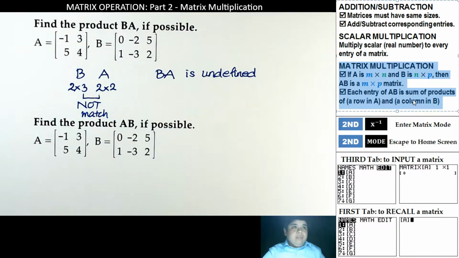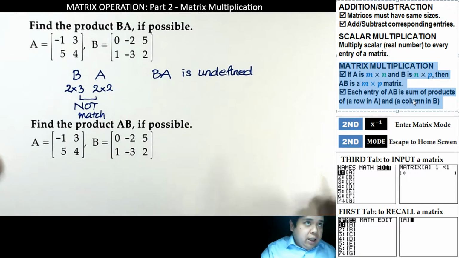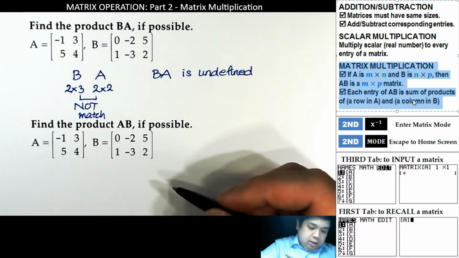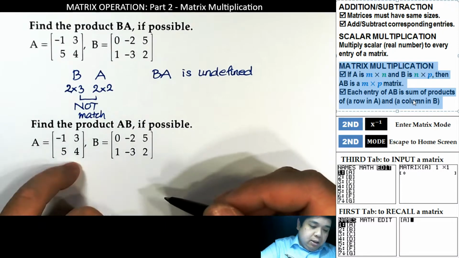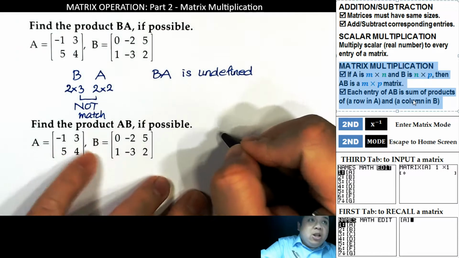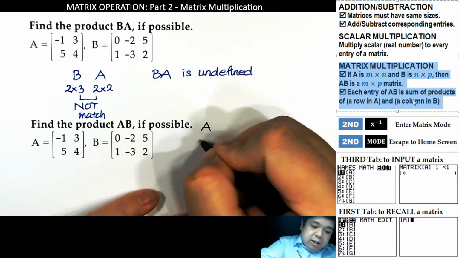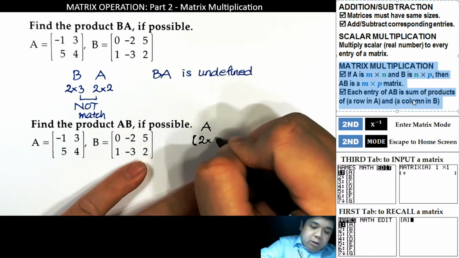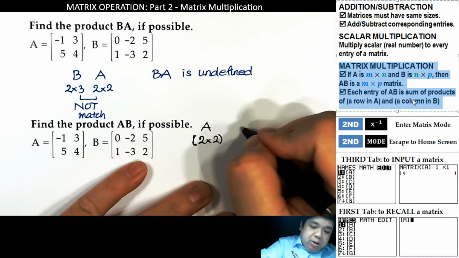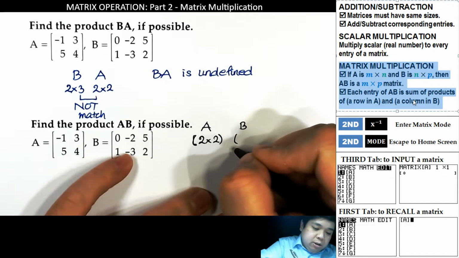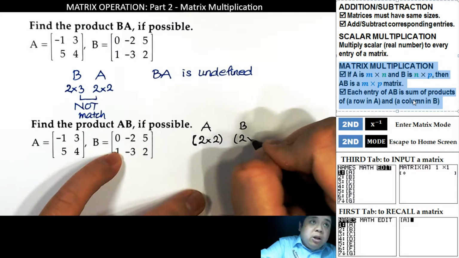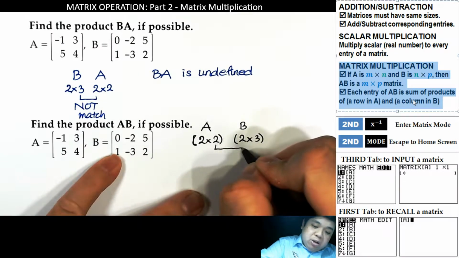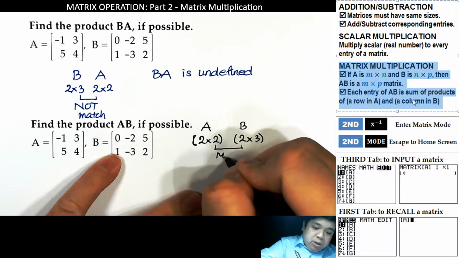Now we go to the second one, A times B. First, let's check the dimensions. A is a 2 row, 2 column matrix, and B is a 2 row, 3 column matrix. The middle numbers 2 and 2 match.